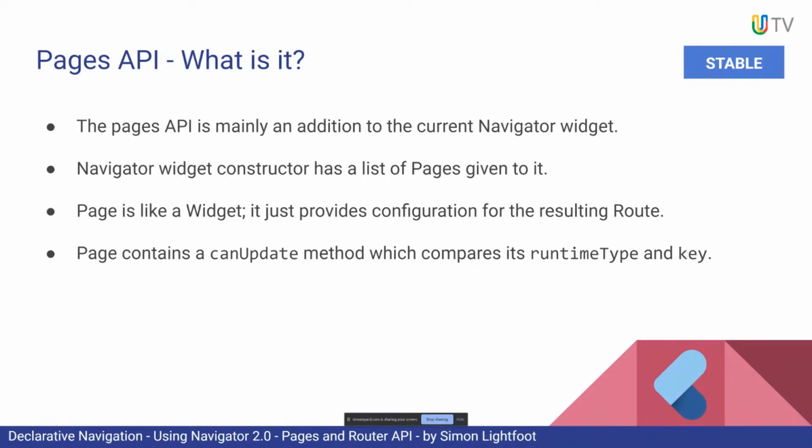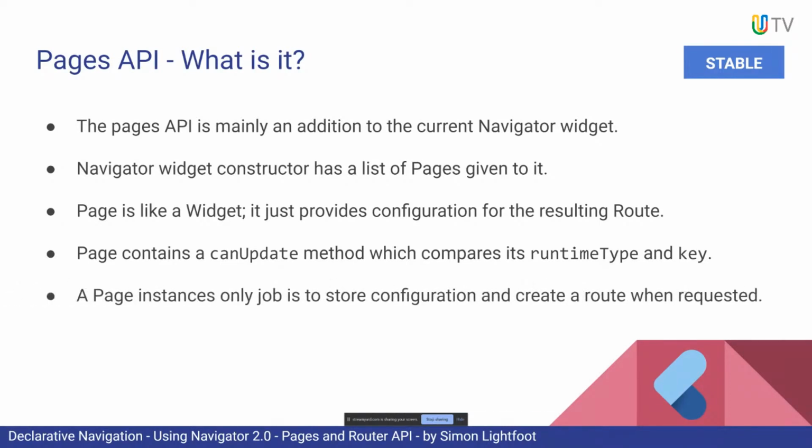So this takes us down that declarative approach to UI for the pages that we display: if they match, it doesn't have to make any changes. It doesn't pop or push anything from our navigation stack. And an instance of a page class has only one job: to store the configuration for the current route and create the route when requested.